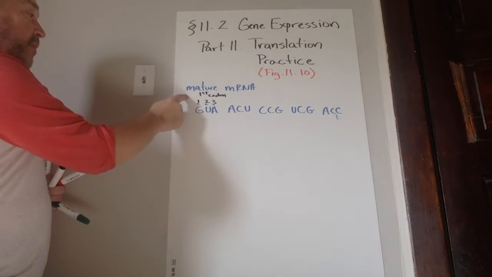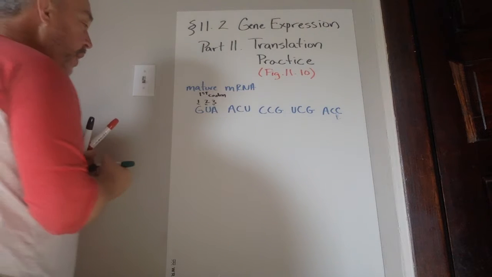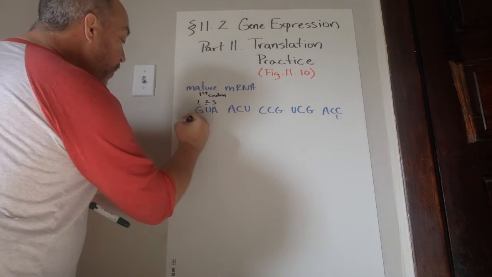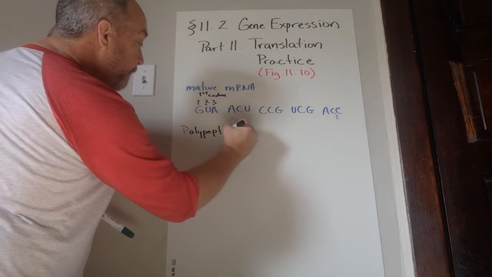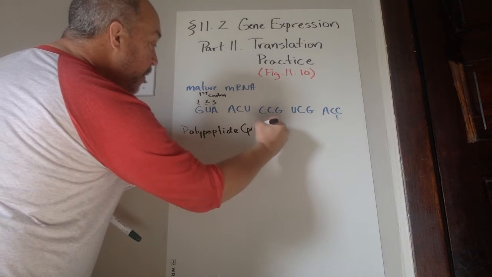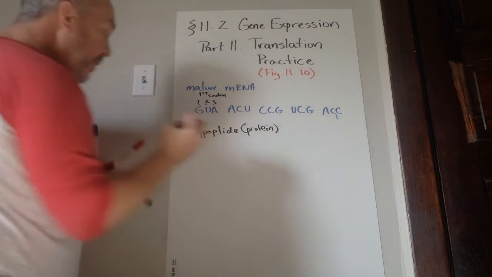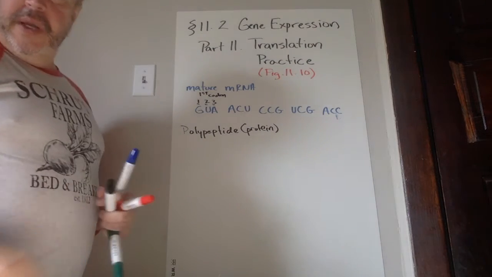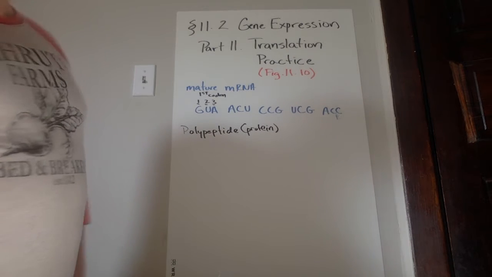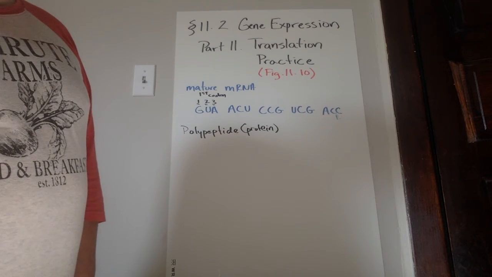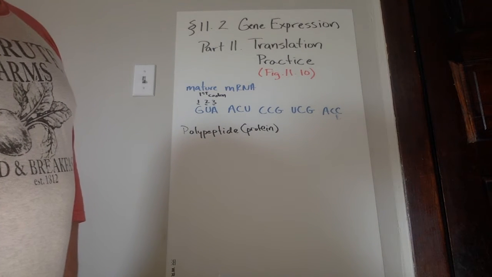So, if this is a mature mRNA, the question is, what amino acid would be in the polypeptide or protein? Remember, these terms are synonymous. So we're going to look at that table. We're going to go to the bottom row, which is G. We're going to then go to the column U, which happens to be the very first box on the bottom left.